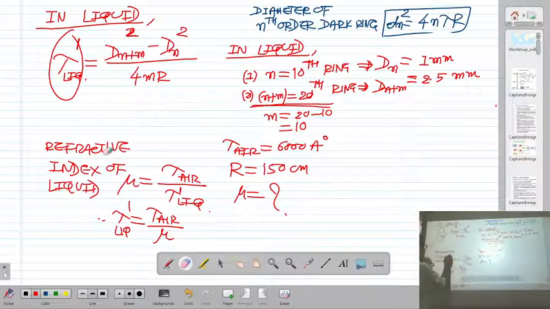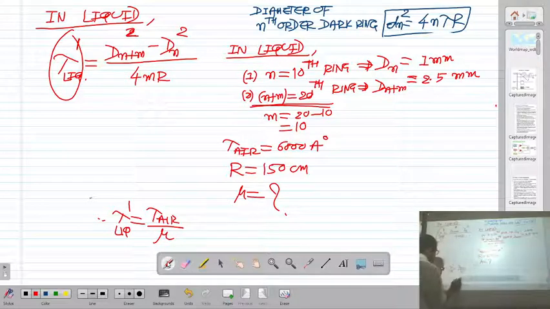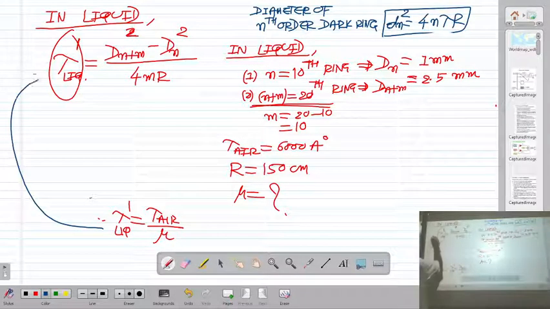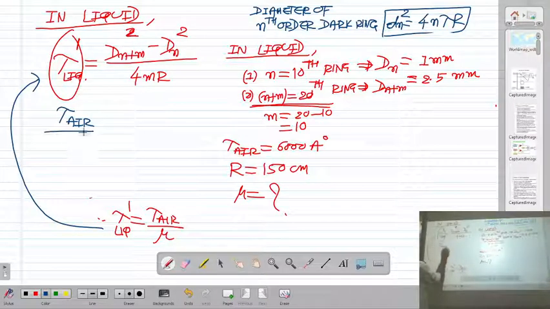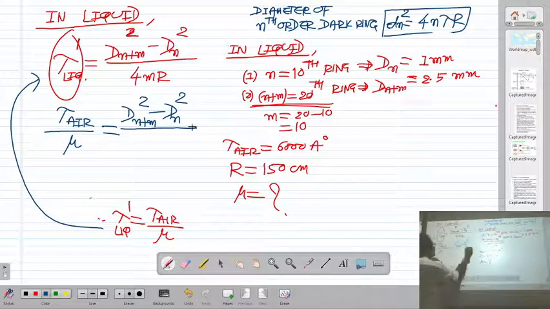We substitute this value in the above equation. So we get lambda air upon mu is equal to capital D(n+m) square minus Dn square upon 4mR.